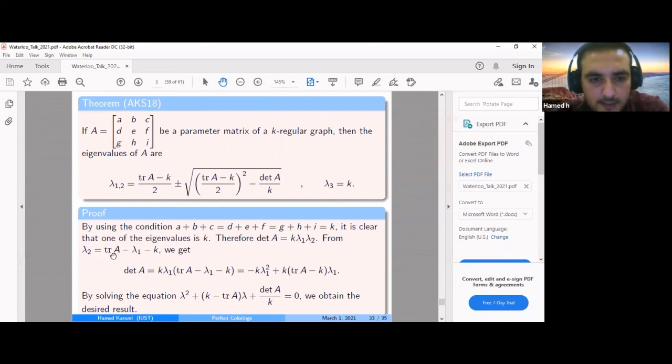From lambda 2 is trace of A minus lambda 1 minus K, we get det of A is equal to minus K lambda 1 plus K trace of A minus K lambda 1. And by solving the equation, we obtain the desired results.